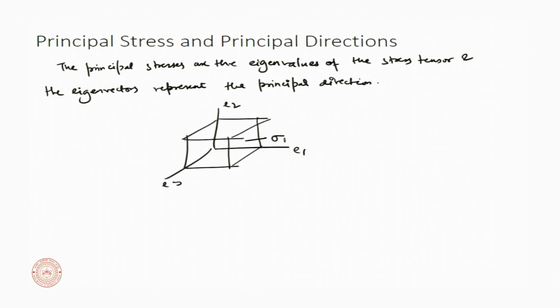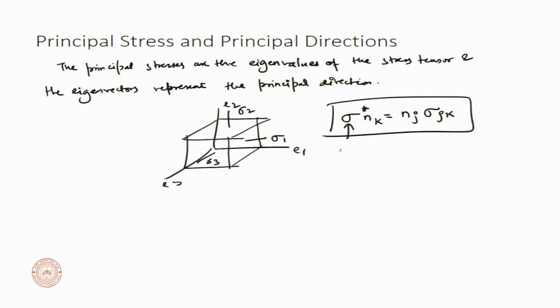Then this is sigma 1 along 1, sigma 2 along 2, and sigma 3 along 3. Okay, so our principal stress by definition, sigma star along n of k along any k direction, will be equal to nj sigma jk. Okay, so this is our principal stress.